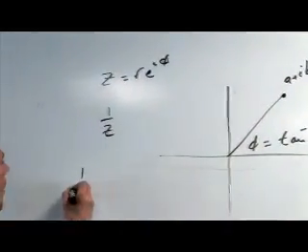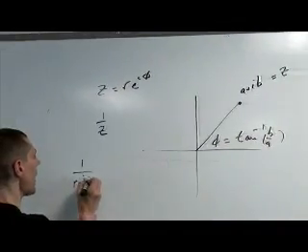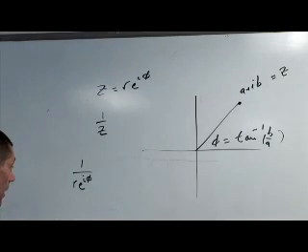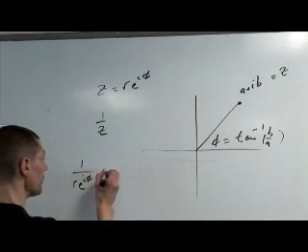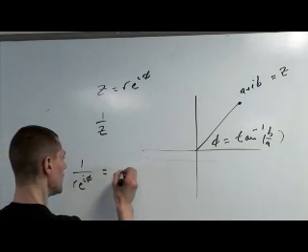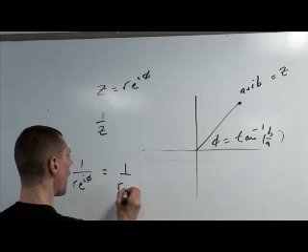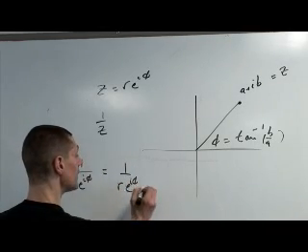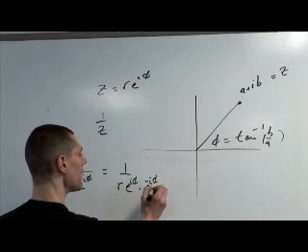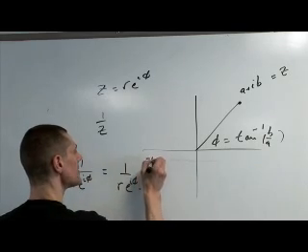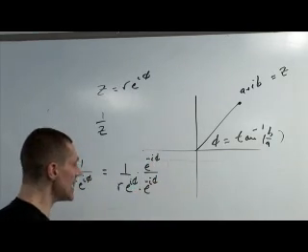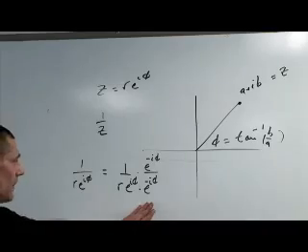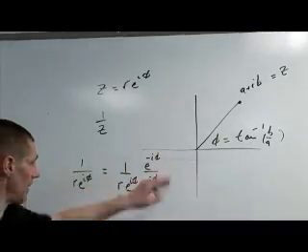Well, this is going to be 1 over r e to the i theta. This could be written then as 1 over r e to the i theta times e to the minus i theta, over e to the minus i theta. E to the anything is never going to be 0, so we just multiply by 1.